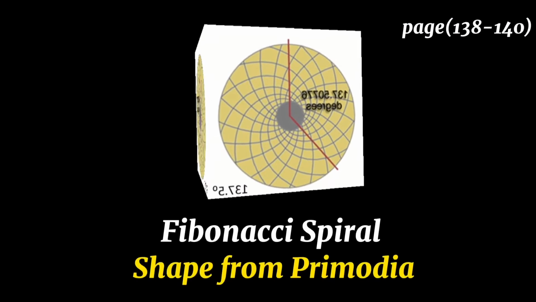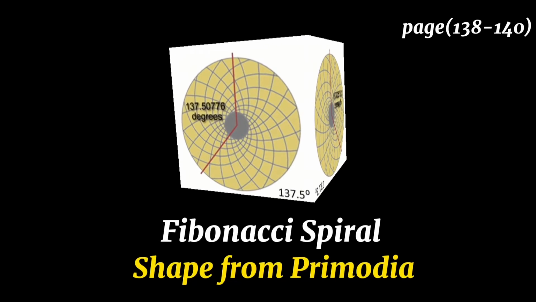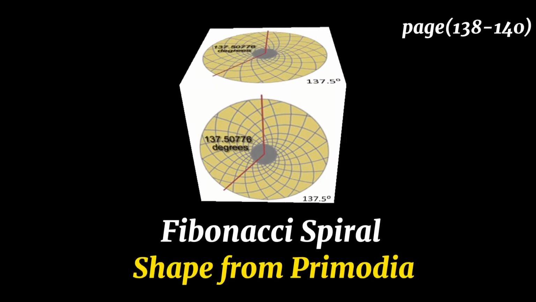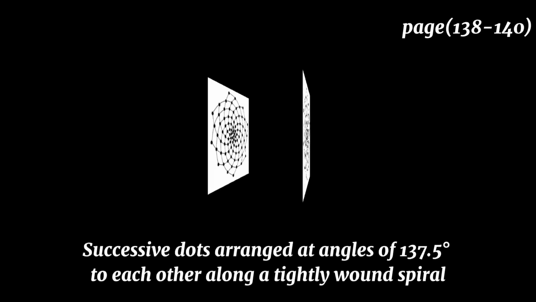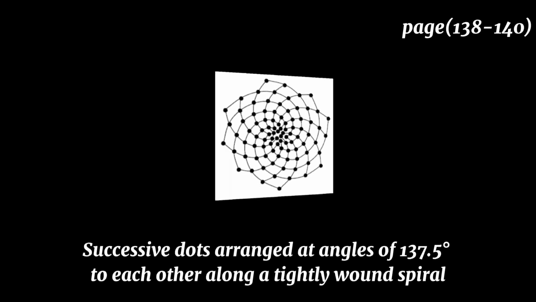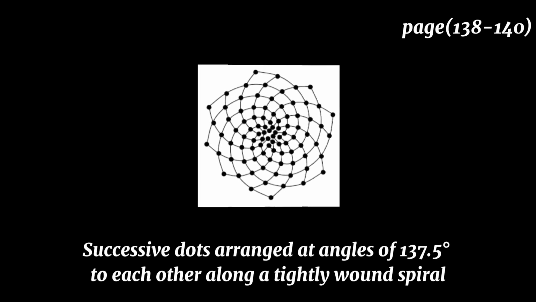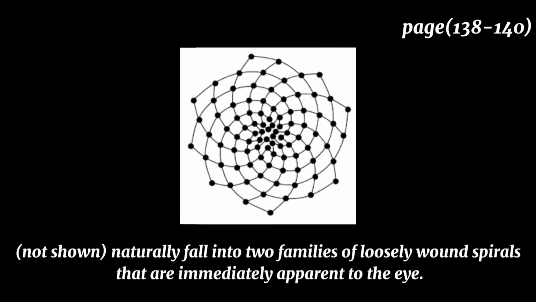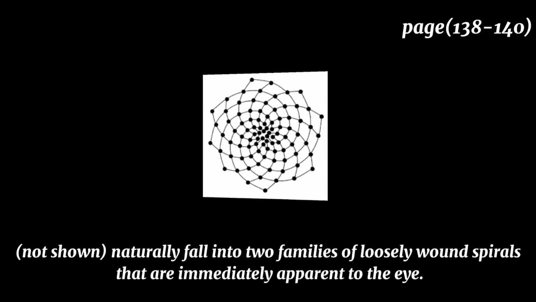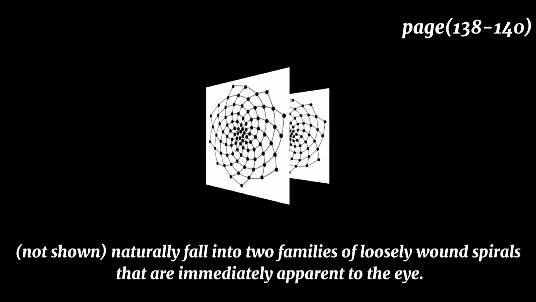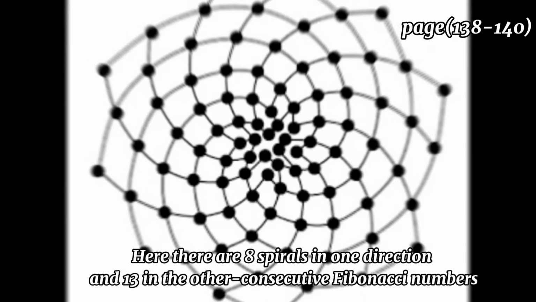The general arrangement of the main features of the plant is laid down as the primordial form, a Fibonacci spiral shape from the primordium. Successive dots arranged at angles of 137.5 degrees to each other along a tightly wound spiral naturally fall into two families of loosely wound spirals that are immediately apparent to the eye.